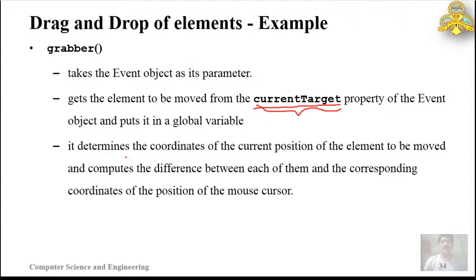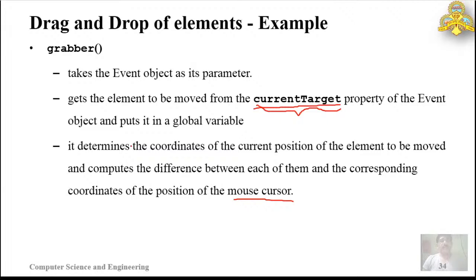It also determines the coordinates of the current position of the element to be moved and computes the difference between each of them and the corresponding coordinates of the position of the mouse cursor. So the mouse pointer's cursor location and the current position of the element are both identified and their difference is calculated. So these are the functions of grabber.